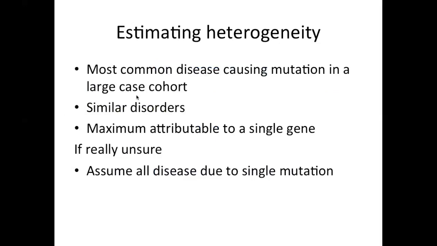So one thing we can do is look across similar disorders, or if we're really unsure, we can often estimate the maximum proportion of disease attributable to any single gene if we can't drill down to an individual variant. And if we're really unsure, we can assume all of the disease is attributable to a single mutation, rather than factoring in the heterogeneity, as an overestimate.